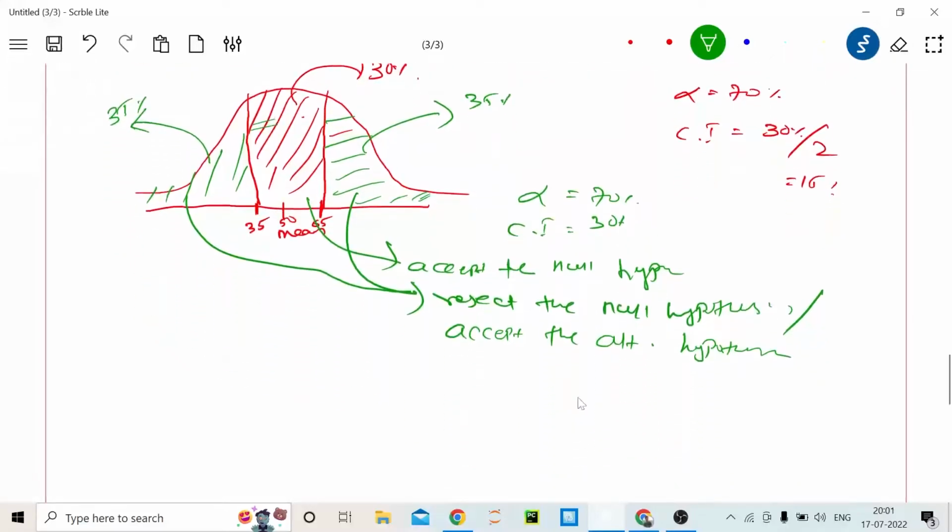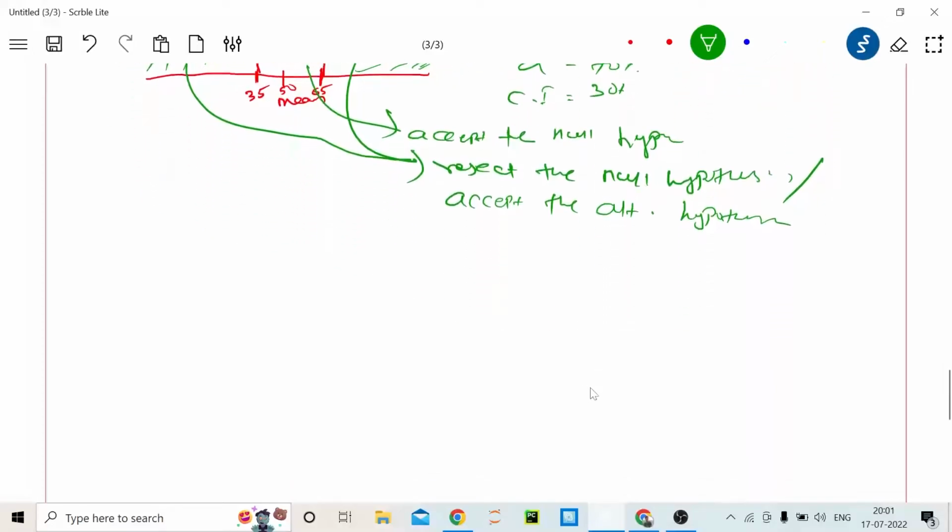In this case, we run hypothesis testing, confidence interval, and significance value, and after that we will run the point estimate.